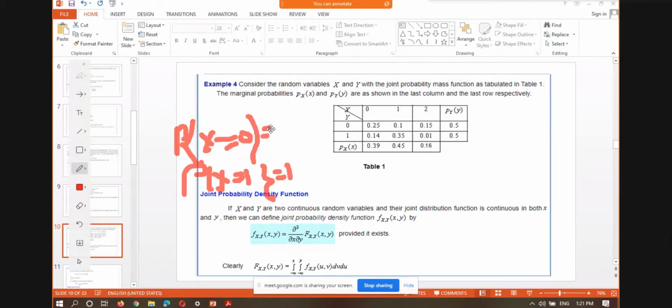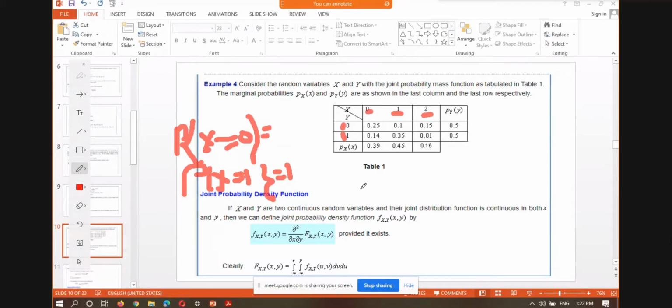Since here we have two discrete random variables X and Y, we have written them like this. Here X takes the values 0, 1 and 2, and Y takes the values 0 and 1. These are the values taken by the random variables.